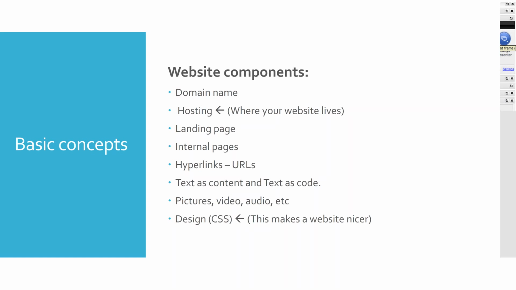The landing page is where they go when they type your domain name. The first thing they see always has to let the client or your visitor know what you are selling or why you bring them to your house, let's say. The internal pages are, for example, the news section.